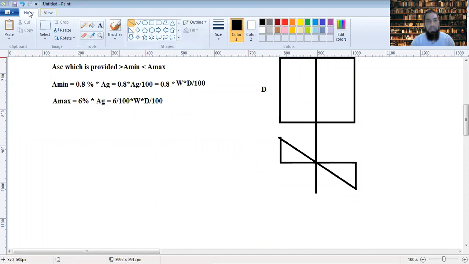Will you have it like this? No, sorry. You would have it like this. For concrete, it will be uniform compression.